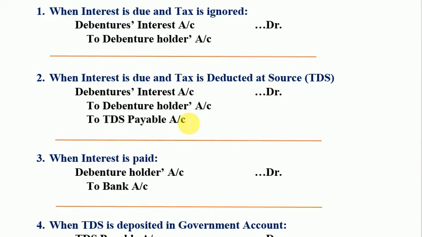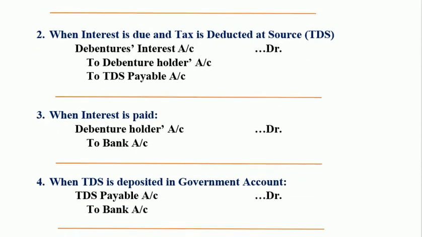If the rate of TDS is 10% and the debentures interest is total 1 lakh, then the total amount of TDS will be 1 lakh into 10%, that is 10,000, and the rest of the amount, 90,000, will be paid to the debenture holder. So the entry here is debentures interest 1 lakh to debenture holder 90,000 to TDS payable 10,000.